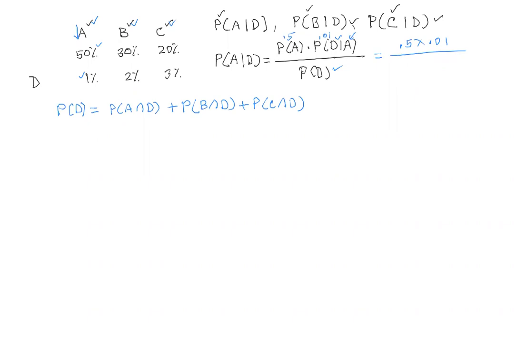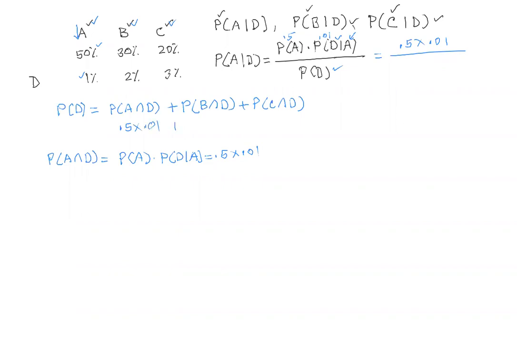And probability of A and defective, from the definition of AND, is probability of A times the probability of defective given A, which is 0.5 times 0.01. So 0.5 times 0.01.